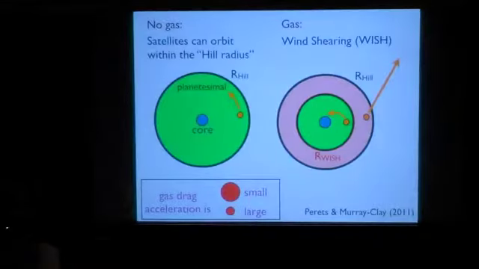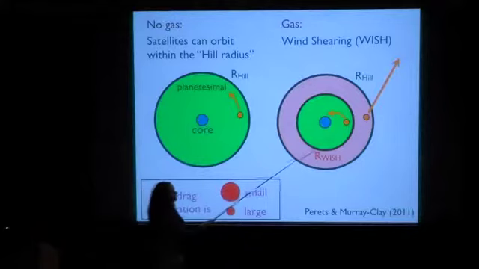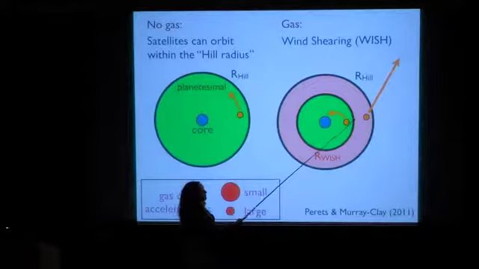All right. So when we're thinking about gas drag, a number of things about planet formation get modified. Instead of satellites being able to orbit within the Hill radius, that stability radius may be modified. If the relative gas drag between a core and a particle is so large that it outweighs gravity, then it gets pulled off.